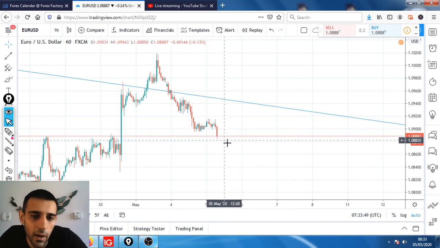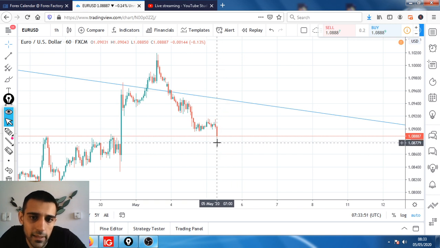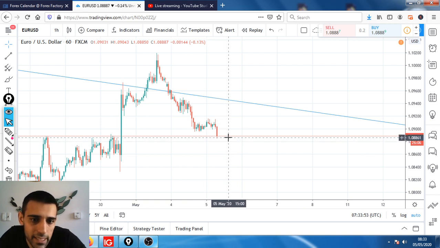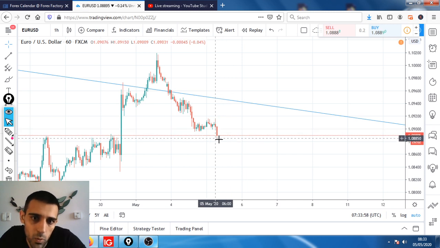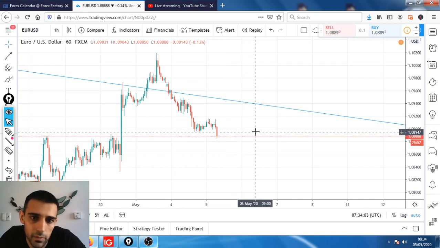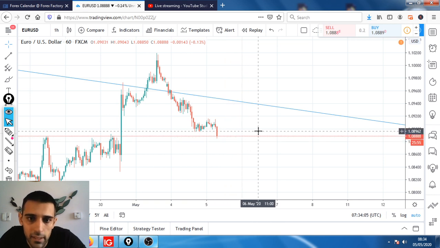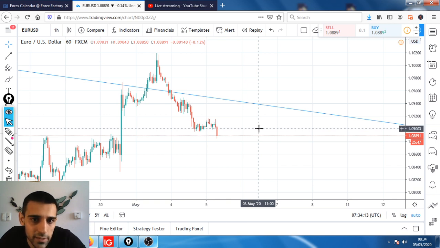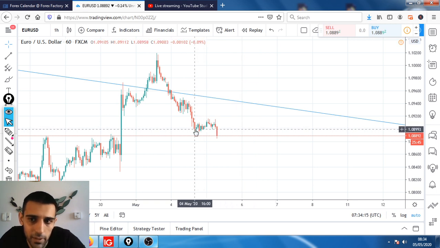Ideally, I don't want to see any tails, or only very small tails, and almost a full body on the bearish side. Then I will be looking for the retracement towards the upside, about 10900, so about this level up here.